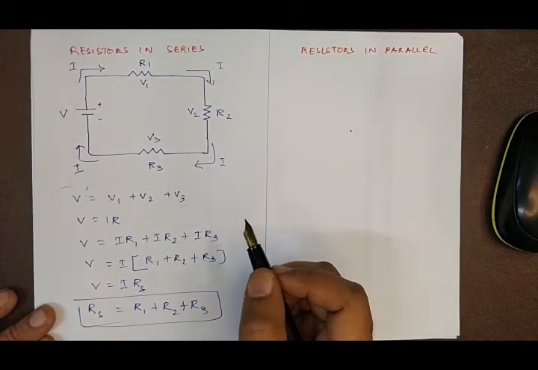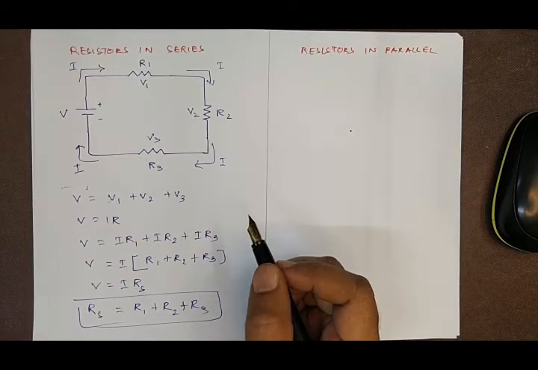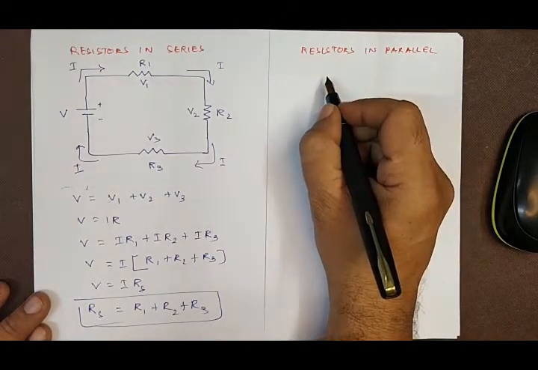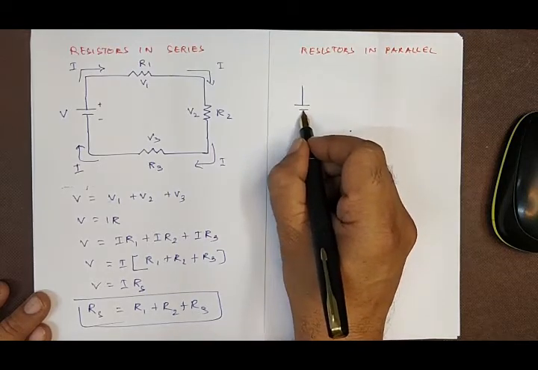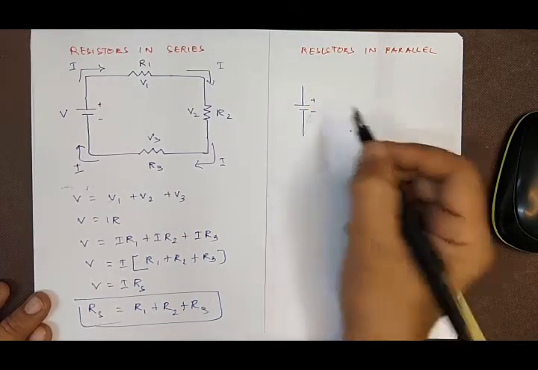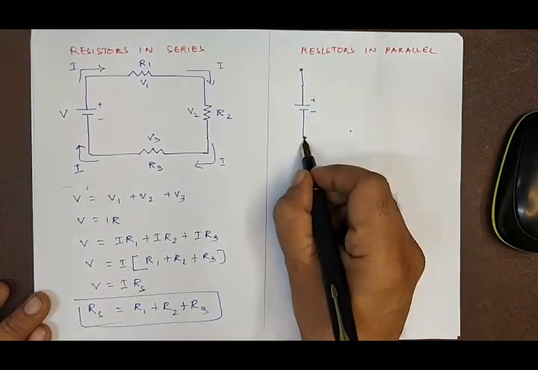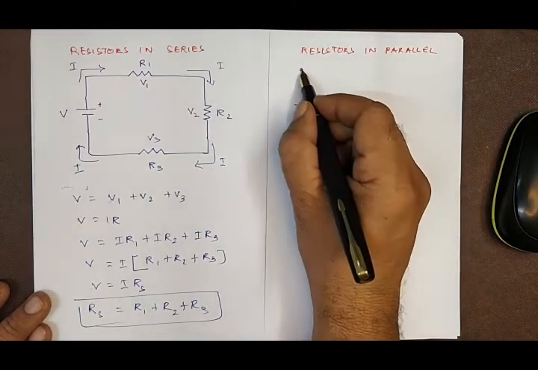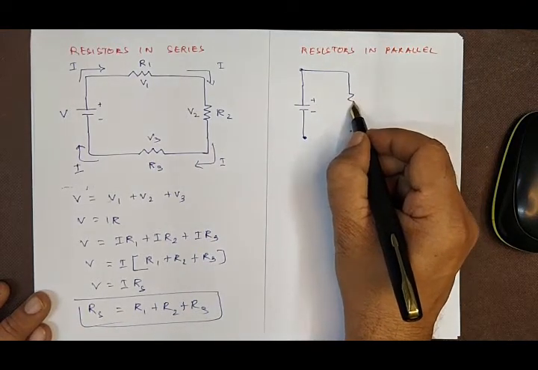Similarly, resistors in parallel. Positive electrode, negative electrode. Let us have a terminal here, another terminal, where from the connections are made in parallel circuit like this.